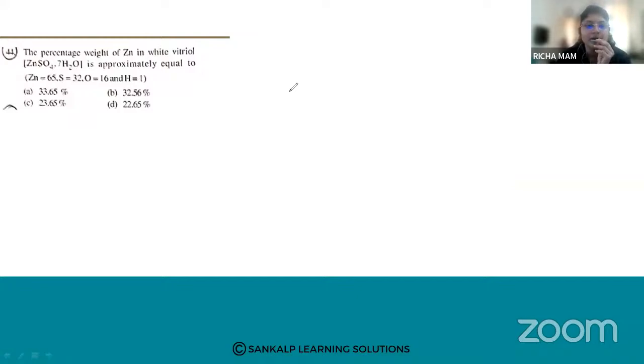The percentage weight of Zn in white vitriol is approximately equal to. So the atomic weights are given. How do you calculate the molecular weight first? Molecular weight of vitriol is ZnSO4.7H2O.